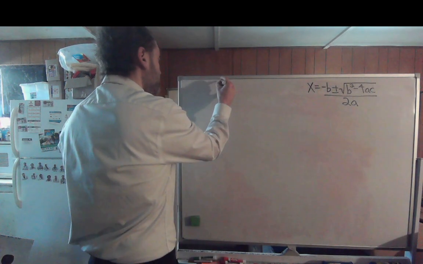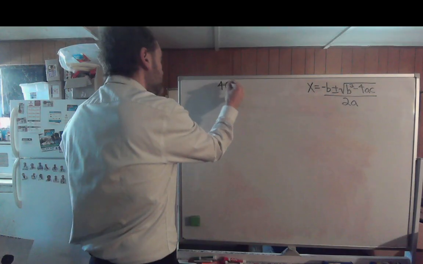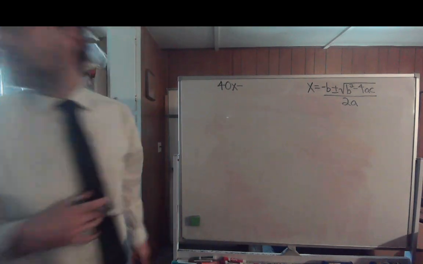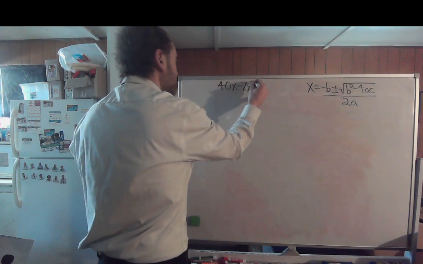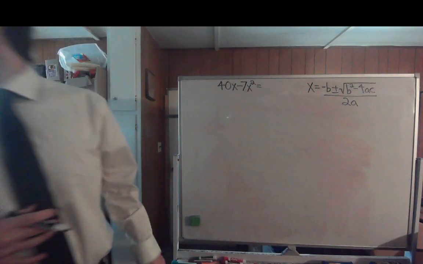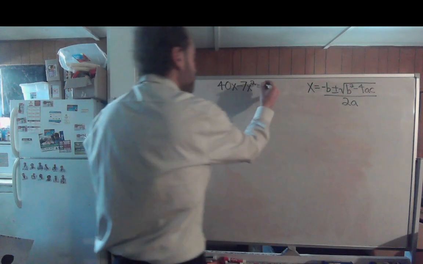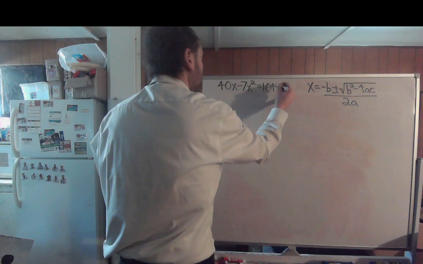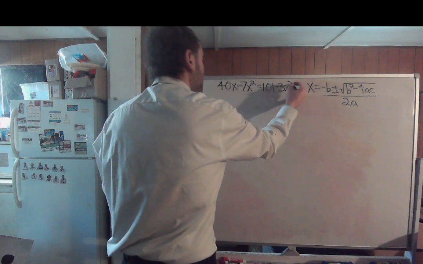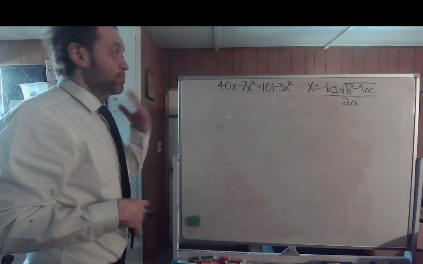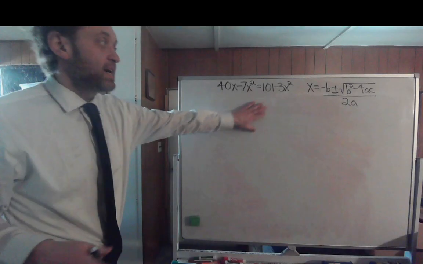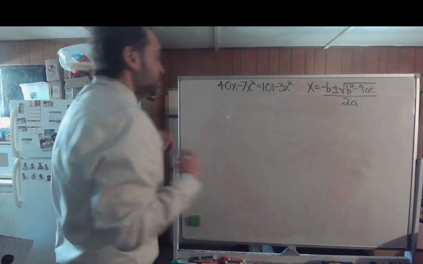So we have 40x minus 7x squared would end up equaling 101 minus 3x squared. So we have things out of order here, but let's make the right-hand side equal to 0 first.